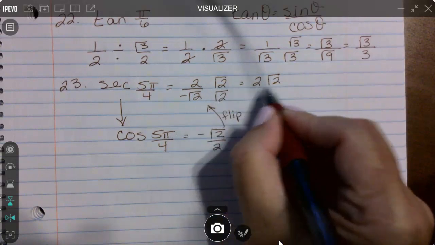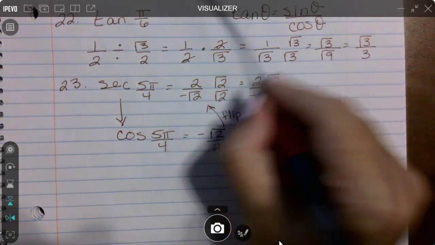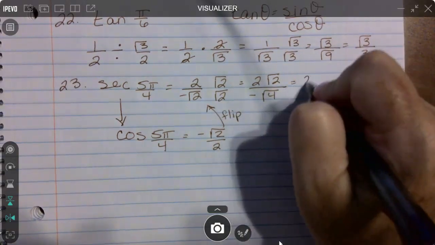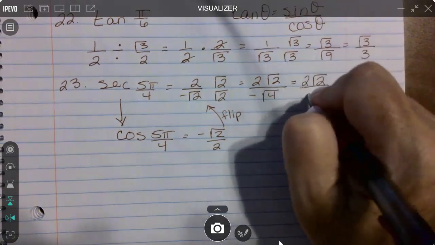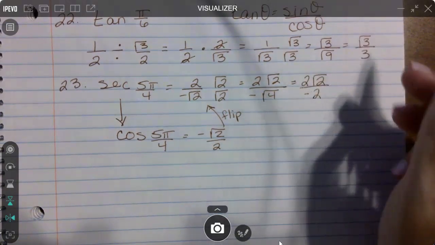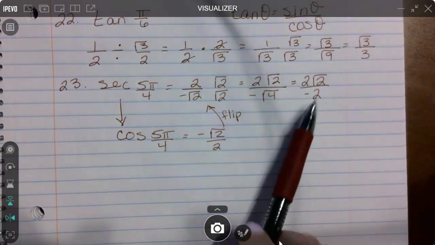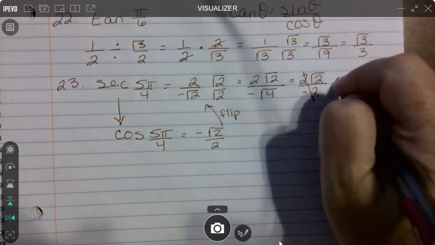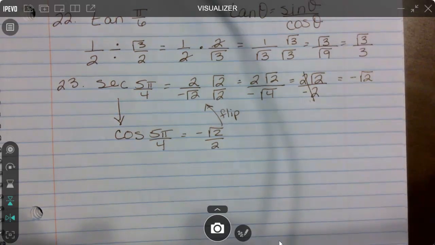I can't combine them. That's the best I can do. And then here, square root of 2 times the square root of 2 is 4. I can clean this up. So the square root of 4 is, can't forget the negative, negative 2. But do you see how we have a 2 on the outside, on top, and on bottom? We can cancel. And that negative, I'm just going to move it to the top. It's just going to be negative square root of 2.